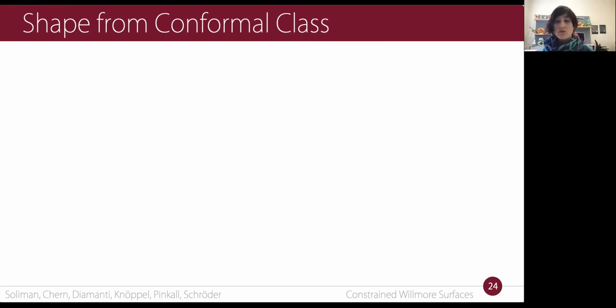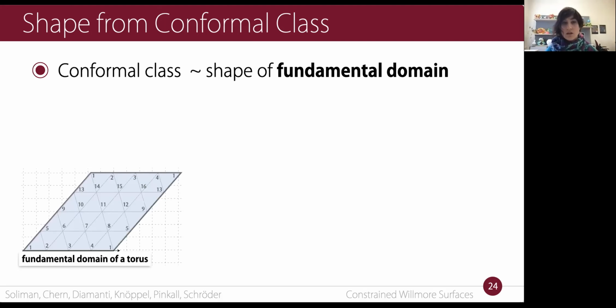If we were trying to do this here, because we don't know what the surfaces look like, we don't have an immersion to start from. And for a torus, the conformal class is determined by the shape of the fundamental domain of the torus. This is a parallelogram on the plane where we need to glue the opposite sides in the right way to get the topology of the torus. And if we have two tori that are not conformally equivalent, then those will come from parallelograms that have different aspect ratios or skewness.